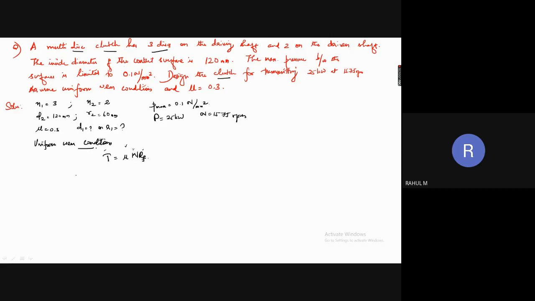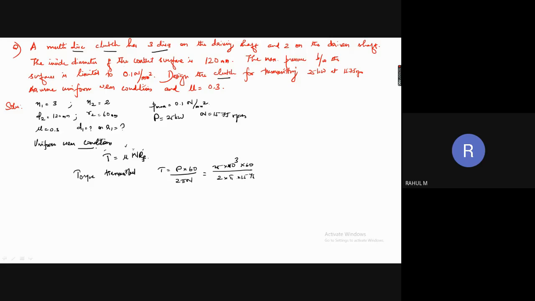For the torque transmitted, T can be found using the equation P into 60 divided by 2 pi N. Substituting the values, it is 25 into 10 cube into 60 divided by 2 into pi into RPM, where N is 1575 RPM.